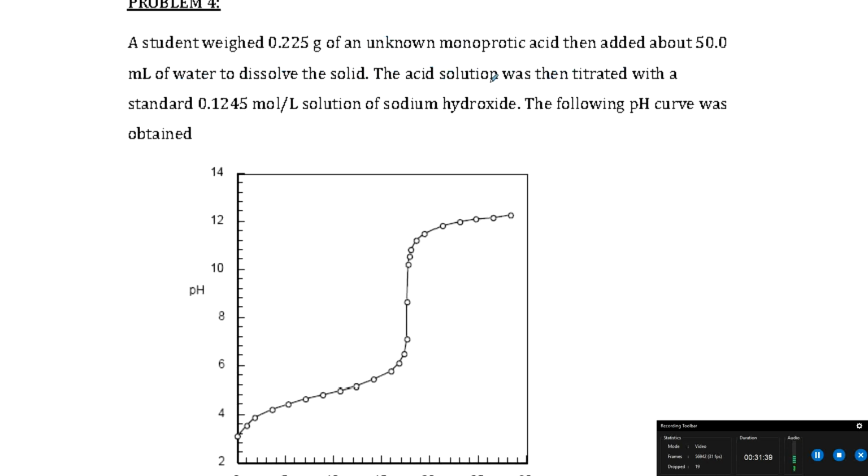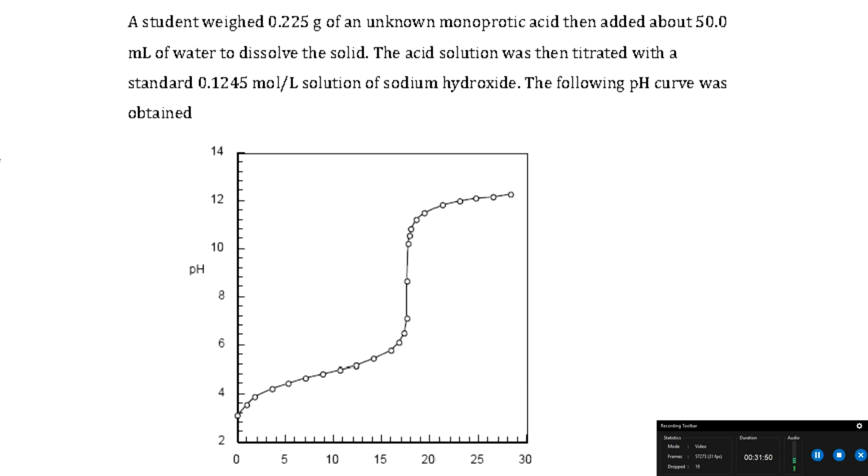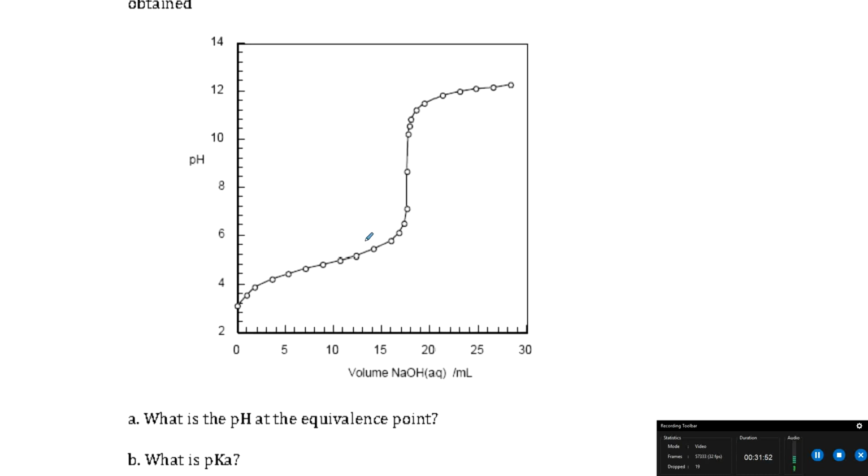The acid solution was then titrated with a standard, which just means this is the one we know the concentration of, 0.1245 mole per liter solution of sodium hydroxide. The following pH curve was obtained. Okay, so here we have it. Here you would see the halfway point up the vertical portion is the equivalence point.